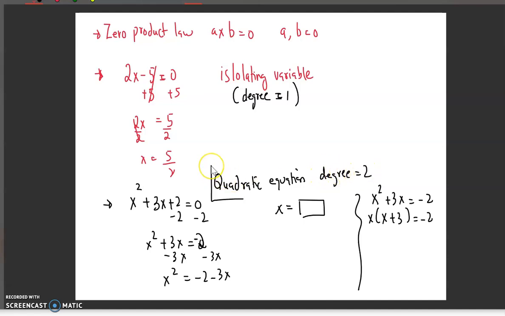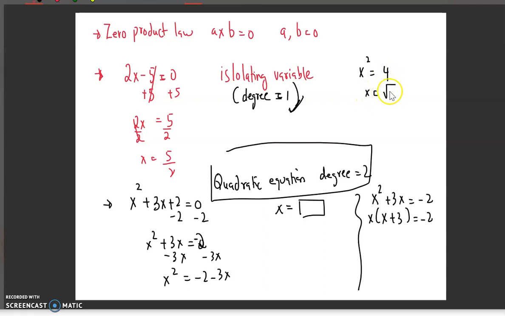Okay, so isolation works great till degree 1. Even if we have something simple like this, it works fine. We know how to deal with that. But when we get to more complicated quadratic equations, especially the trinomials, then isolating doesn't work.